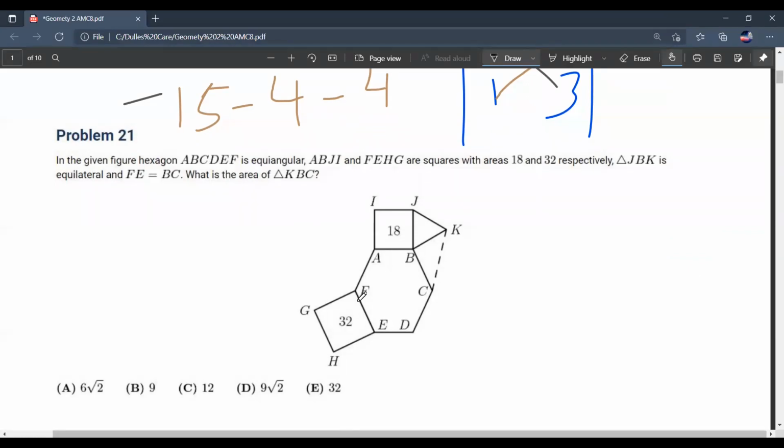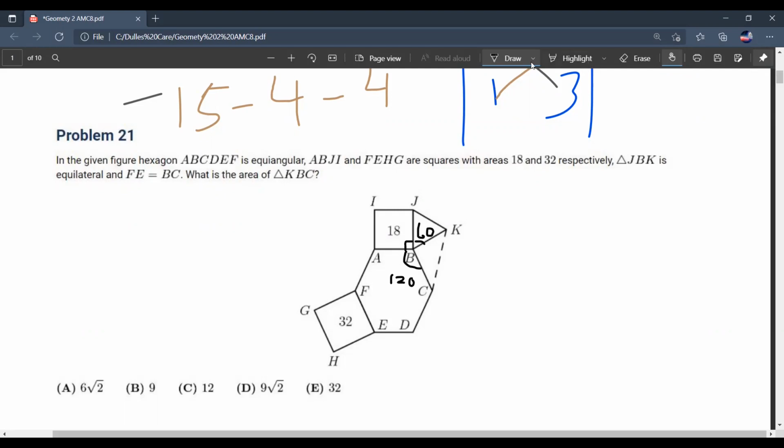So first, let's look at some stuff. We know that this angle is 120, because it's an equiangular hexagon once again. We know this is 90 degrees. And we know that JBK is 60 degrees. So what's 120 plus 90 plus 60? That's 270, right? So what angle is this angle right here?